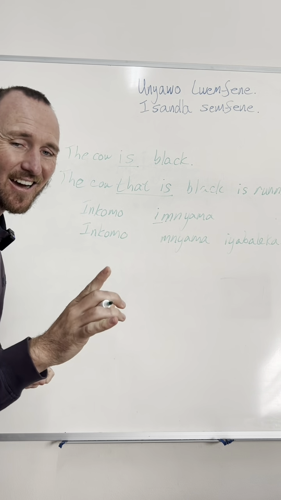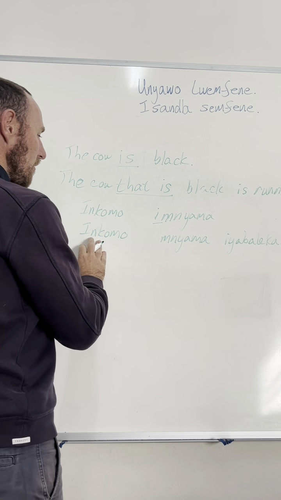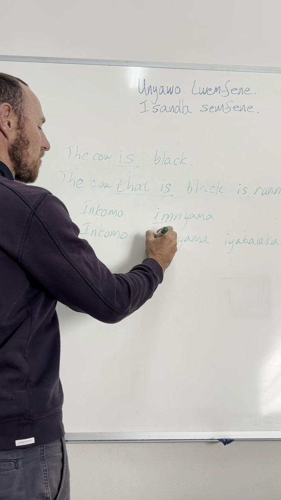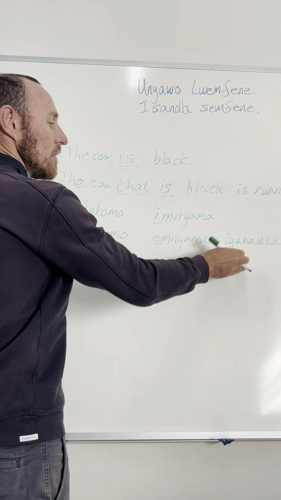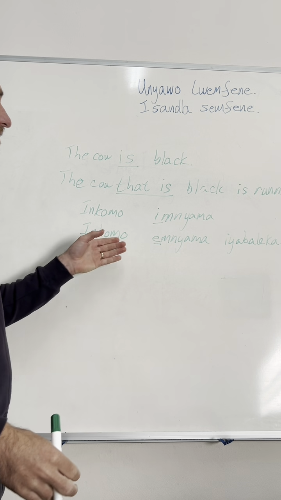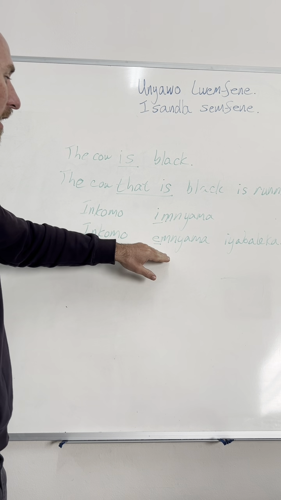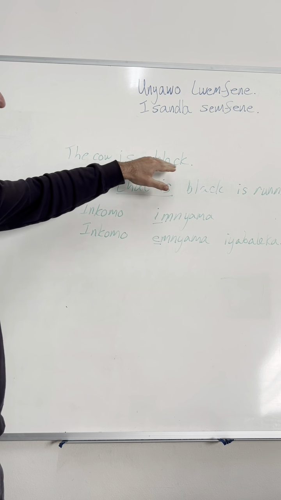Remember, baleka with a K, not balega with a G. So the difference over here would be that our concord would now change to e mnyama: inkomo e mnyama iya baleka. That is the difference between "that is", the cow that is emnyama, black, iya baleka, and the cow is black.